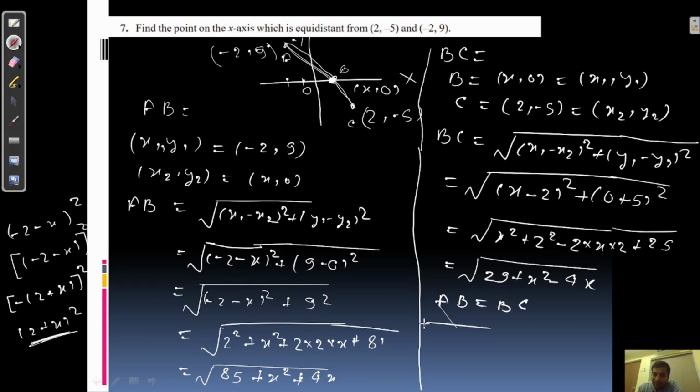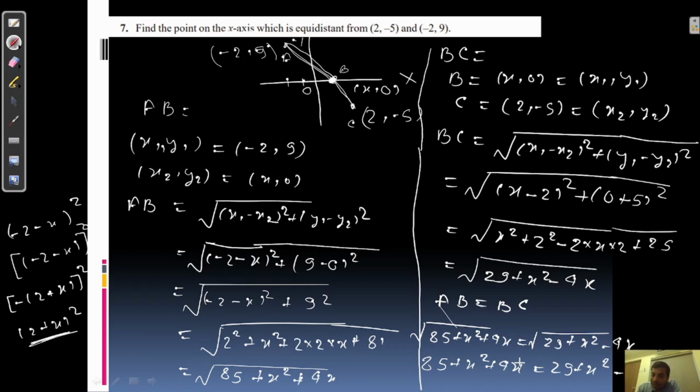Now the value of AB, which is root of 85 plus x square plus 4x, will be equal to BC, which is root of 29 plus x square minus 4x. And you can compare them. Square root will be cancelled from both sides. We will have 85 plus x square plus 4x is equal to 29 plus x square minus 4x.